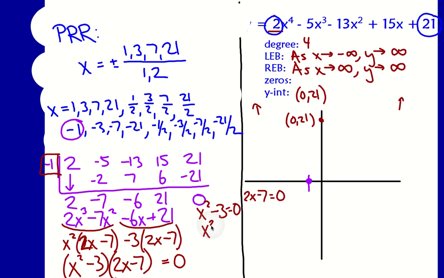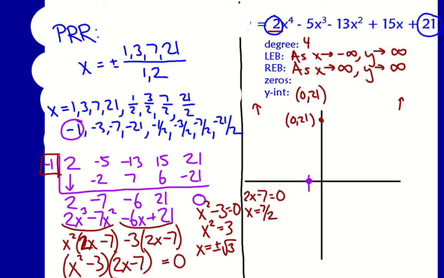So I'm going to get the x squared by itself and then take a plus minus square root, and I get x equals plus minus root 3. That makes sense because every irrational 0 had to come with its conjugate pair, and those are conjugate pairs of each other. If 2x minus 7 equals 0, then I would get x equals 7 over 2.